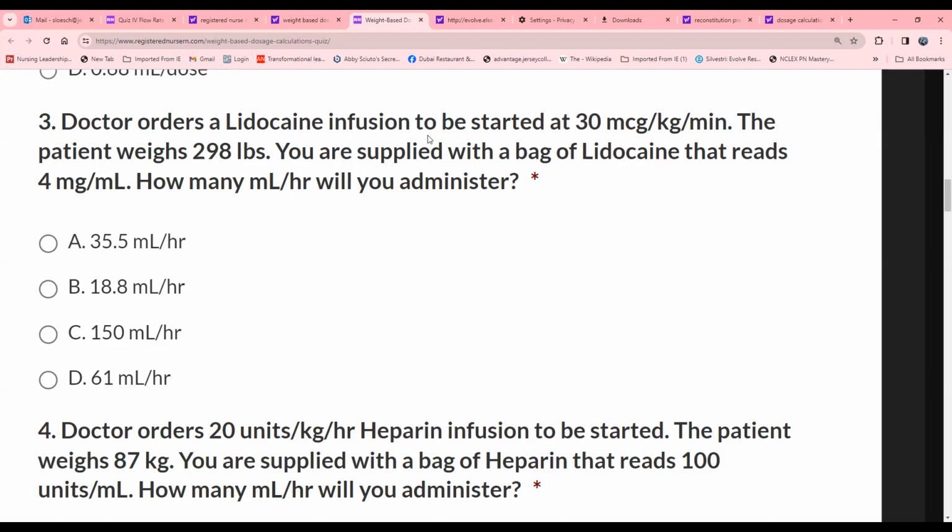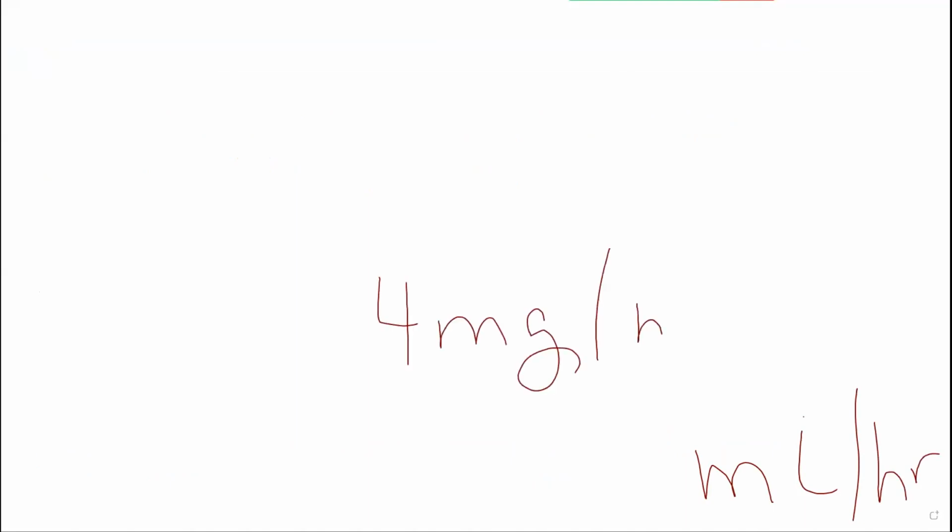Okay, I'm going to put this one on the board so we can see. So we're going to mLs per hour. We have 4 milligrams per mL on hand.